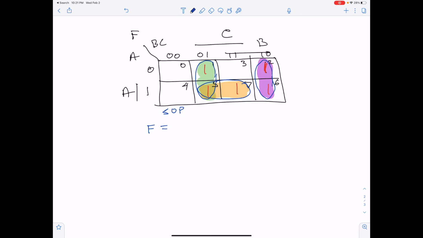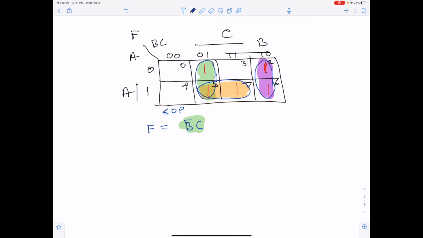All right, so from here, it's a matter of reading the map. All right, so we see the green term. We span A. We're inside B bar. And it's a product. B bar, and then we're inside C. We span A, so A drops out. Okay, so that's our green grouping.